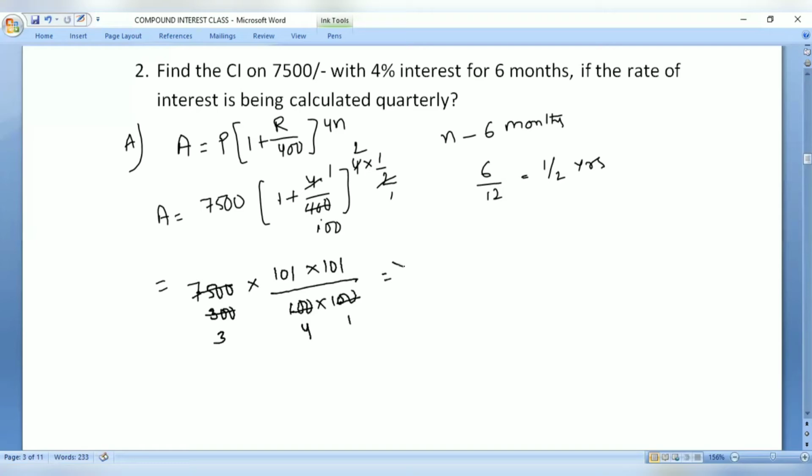So that becomes 101 into 101 divided by 3 fours are 12. So how do we calculate 101 square? Using the a plus b whole square method. First b square, 1 square is 1, then 2 into 10 into 1, that is 20. So 2 carry 0 here. 10 square is 100 and 2, so it is 102. So 10201 divided by 12.